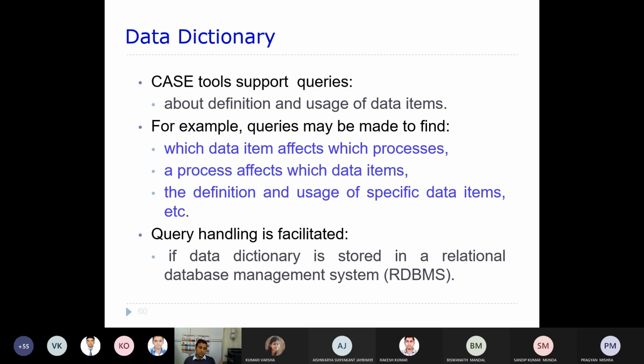Query handling is facilitated if the data dictionary is stored in a relational database management system. So sometimes the data dictionary can also be stored in the form of an RDBMS. Then you can submit SQL queries so as to get the appropriate answers, right?